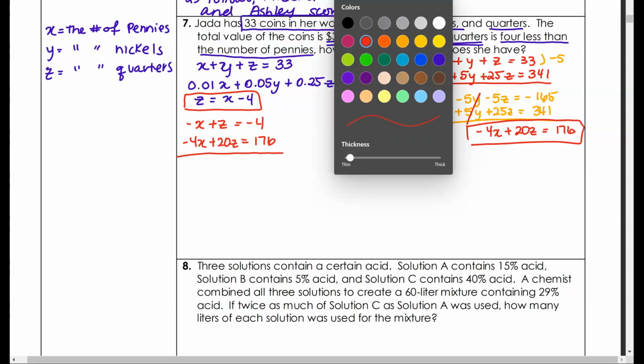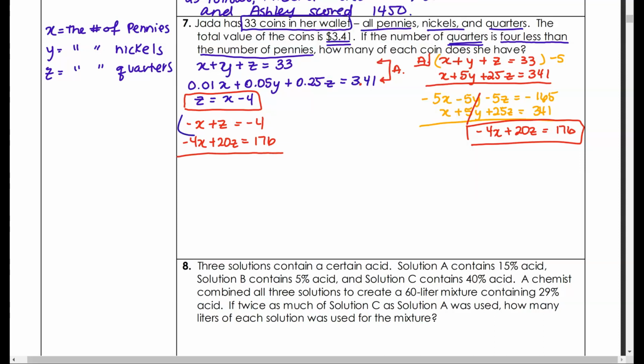I'm going to take this top equation and multiply it by negative 4, because when we multiply by negative 4, that turns into a positive x. So then we'd end up with 4x minus 4z. Negative 4 times a negative is a positive, and so that's going to give me positive 16. And then I have negative 4x plus 20z equals 176.